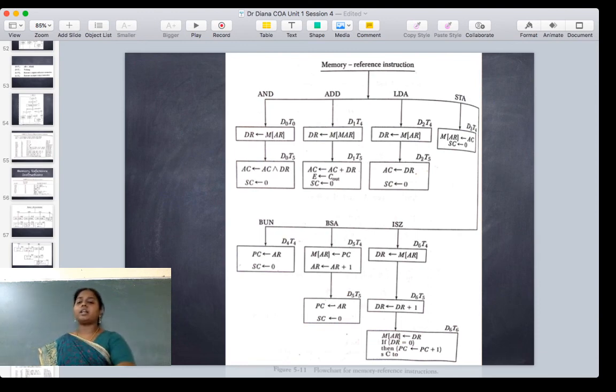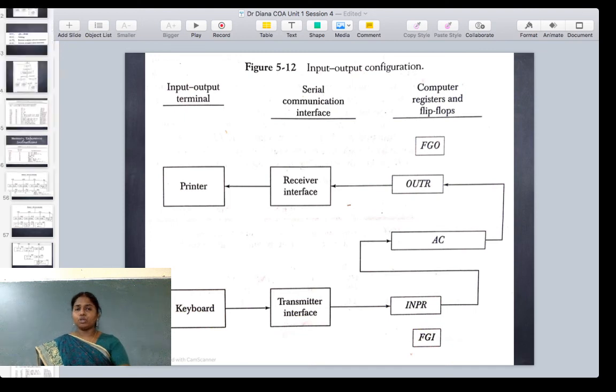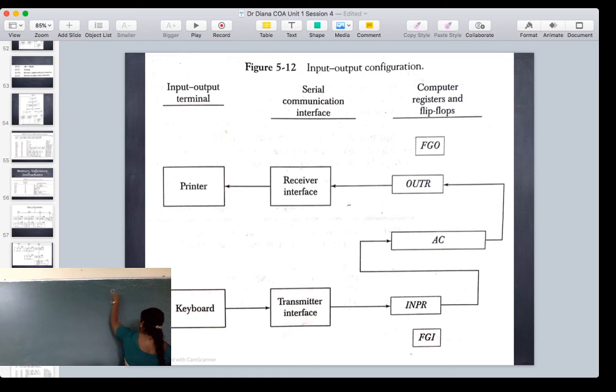Then we started looking into IO connection. We have now connected IO devices through transmitter and receiver interfaces to the computer system. Now we are going to use this setup to understand certain instructions. All of the IO instructions happen when the value of D7 is 1, the value of I is 1, and at time cycle T3.